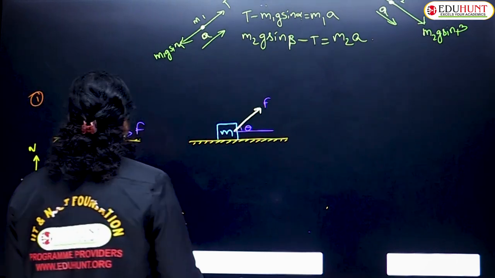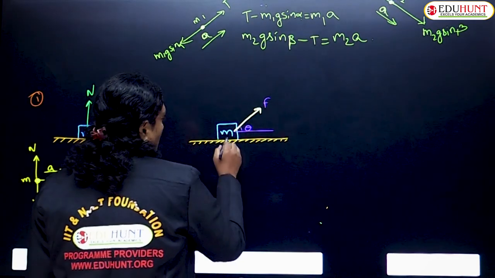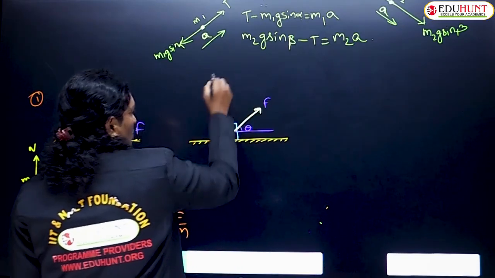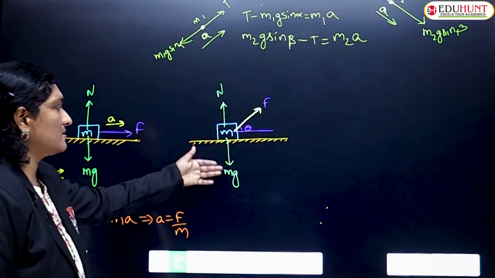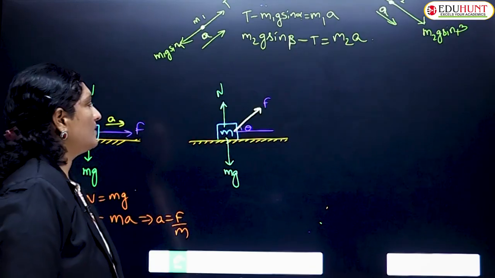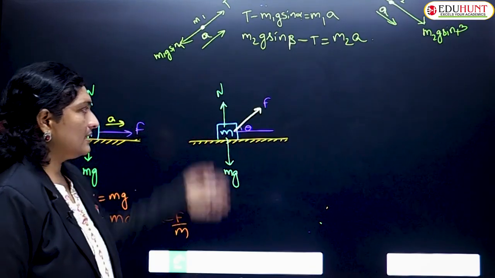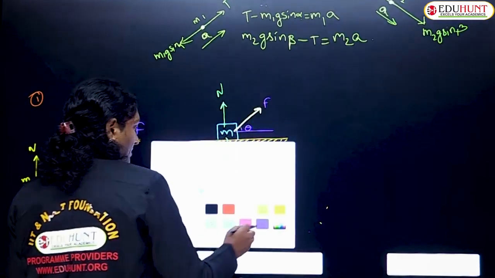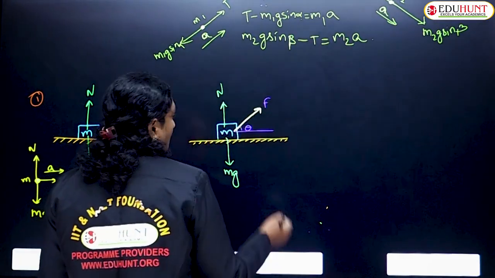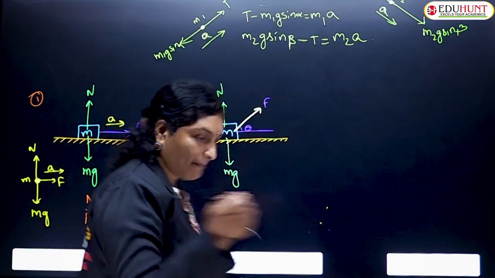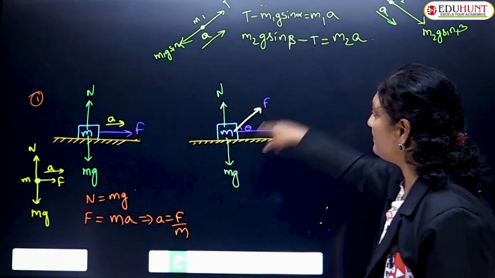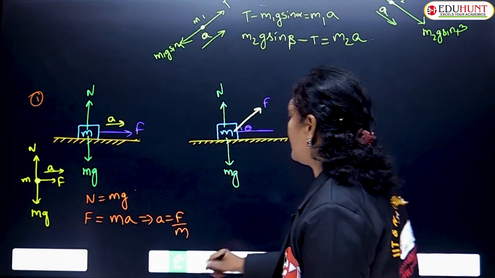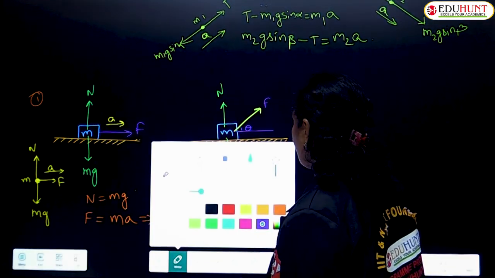First of all, it's very clear that the downward force acting on this is mg and the upward force is the normal reaction, and this normal reaction balances the weight of the body, and there is no vertical displacement. Whenever the body is pulled upwards slantingly, making an angle theta with the horizontal, this force F is resolved into its component vectors.